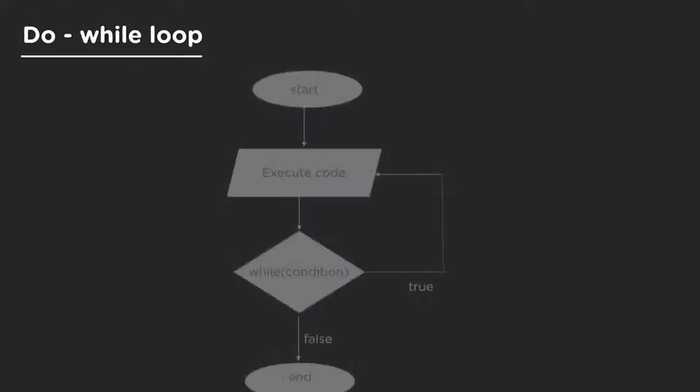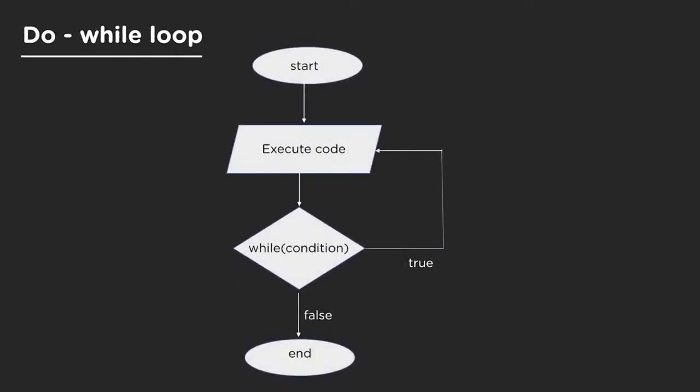Next up is the do while loop. Now here, as you can see, first the code is executed and then the condition is checked. If the condition is true, then the code execution continues, and if it fails, it's terminated. Alright, so this is an exit control loop. Also, in an exit control loop, the code is executed at least once.